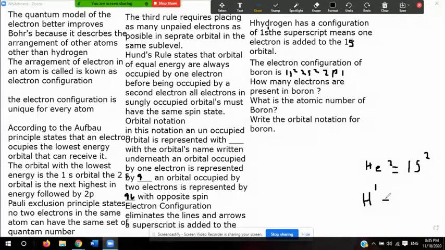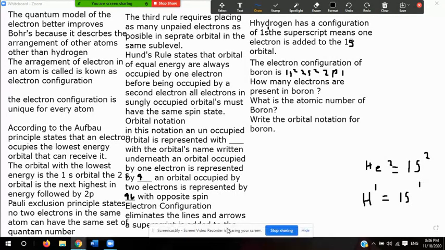In the case of hydrogen, hydrogen only has one electron, so the electron configuration for hydrogen is 1s1, because it only occupies an s orbital, and it only has one electron.